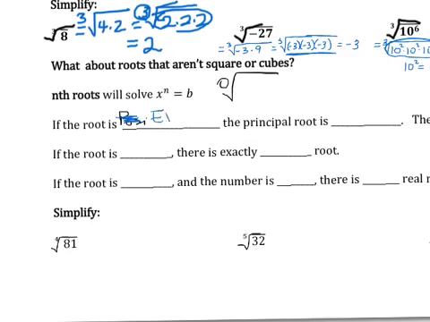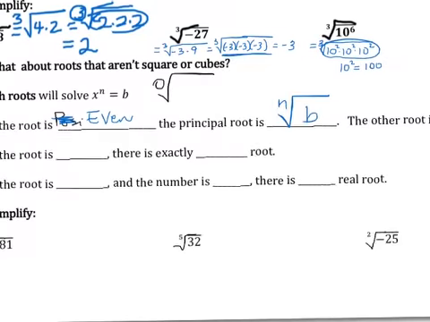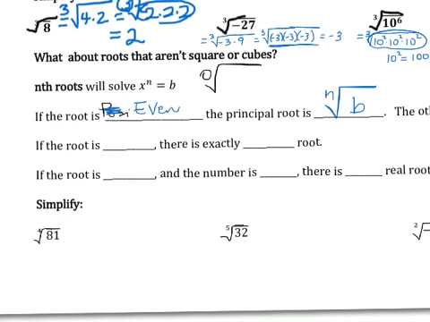If the root's even, then the principal root is the nth root of b. The other root is going to be the negative of that. Even, like a square root. If the root is odd, like a cube root, then there is exactly 1 root, not 2 roots like with an even.